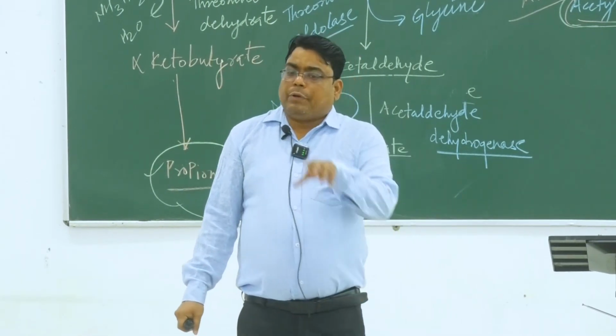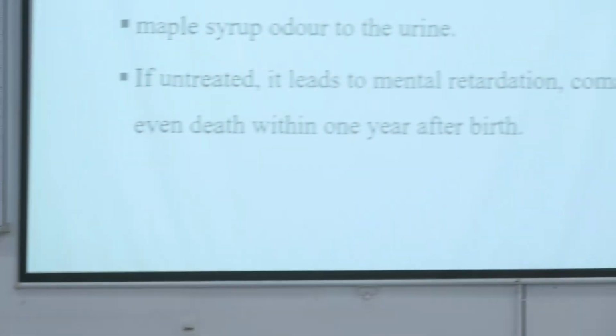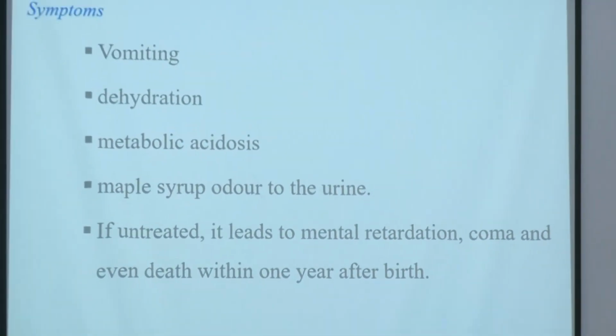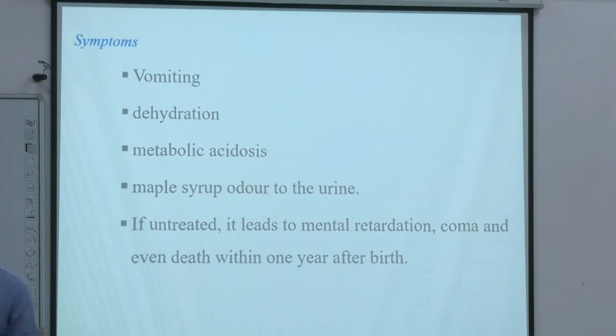Okay, so you write it. The major symptoms of the disease are vomiting, dehydration, metabolic acidosis, because alpha keto acid accumulates and due to this it can imbalance the pH of the body, which produces metabolic acidosis.